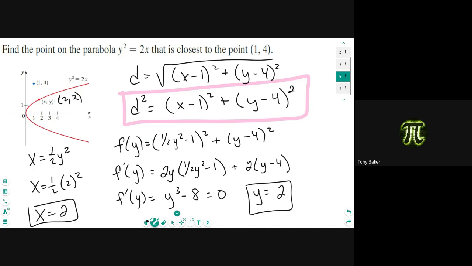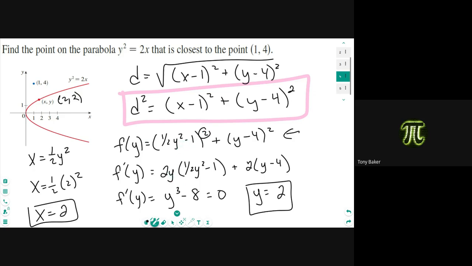That makes sense? Which part? So that's my y, right? That's the function, correct? The derivative uses the chain rule. So we have to do the derivative of the inside, which is just y, because that's going to be 1/2 times 2y, which is just y.